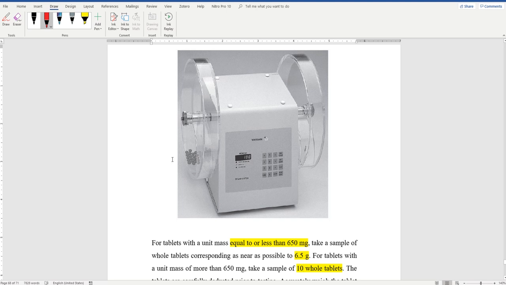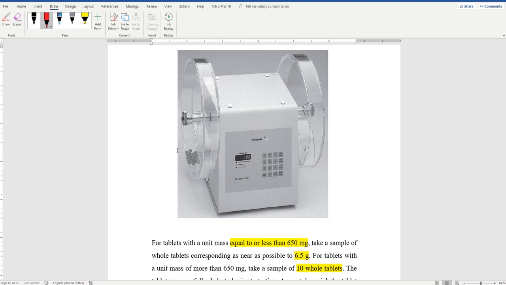If you weigh them and you find out that the percent loss is more than 1%, so in two cases: if you cannot make a judgment about whether a fragment is lost or not, or the loss is more than 1%, the loss of weight.